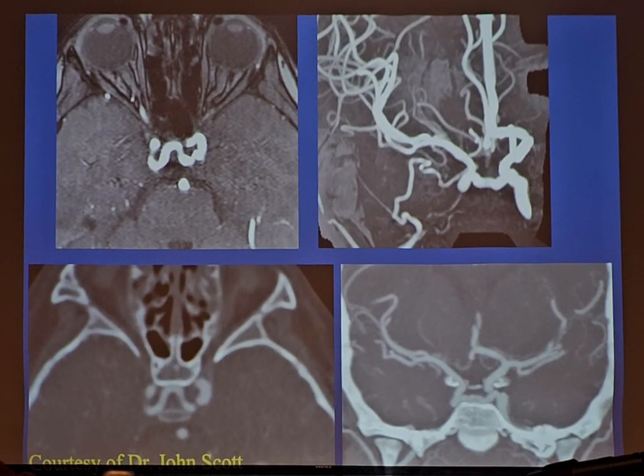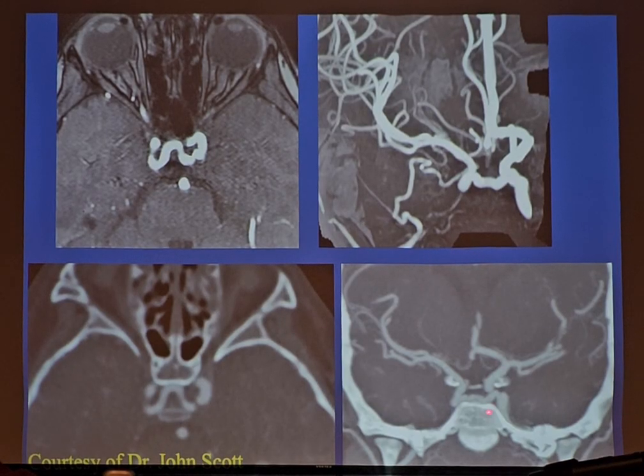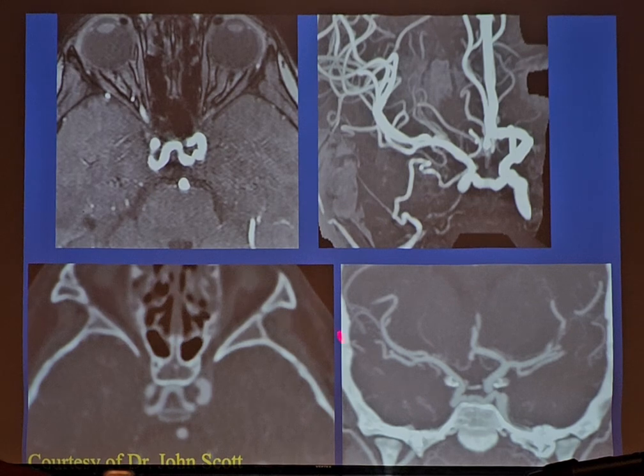This is an example from John Scott, and in this case you have internal carotid artery agenesis in this child, but the internal carotid artery is reconstituted through the branch going through the sella. I said the primitive maxillary artery is the one which goes through the sella. And this is the one reconstituting the internal carotid artery this way.